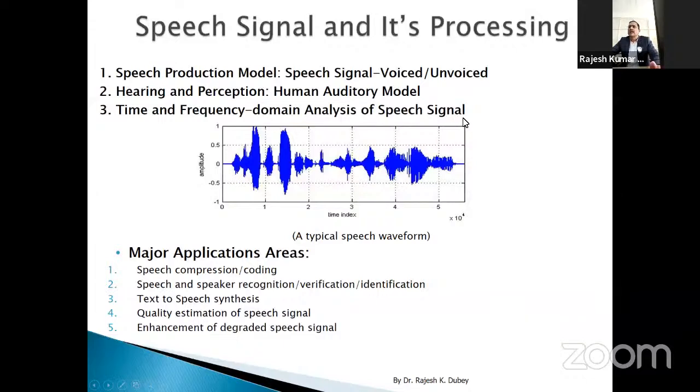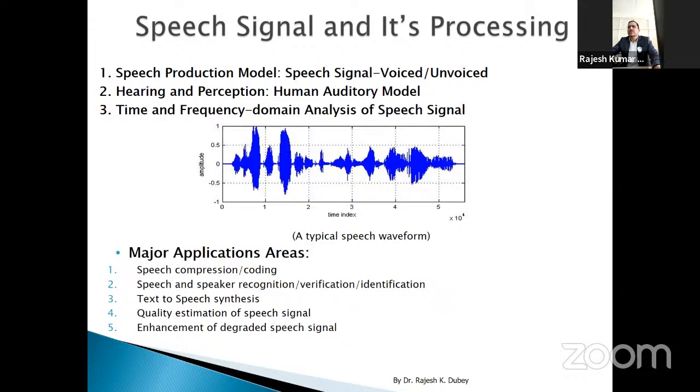Speech signal, like any other signal, from an engineering point of view, we take its time domain and frequency domain for analysis. Similarly, a speech signal will also be analyzed in the time domain and in the frequency domain. This is speech signal and its processing.